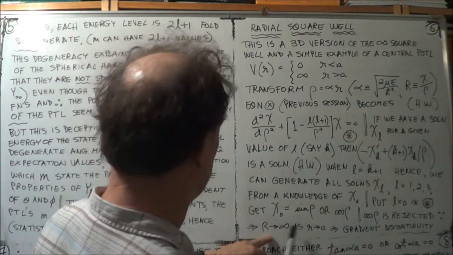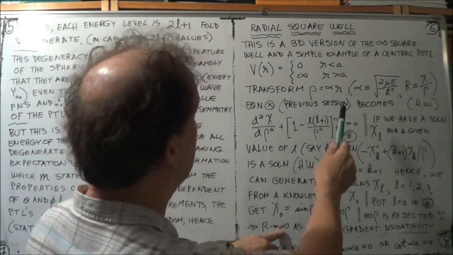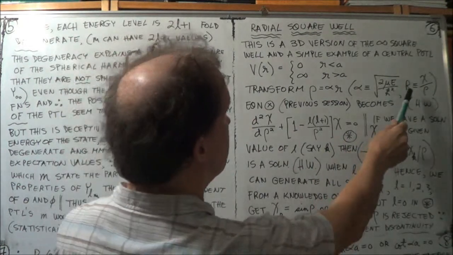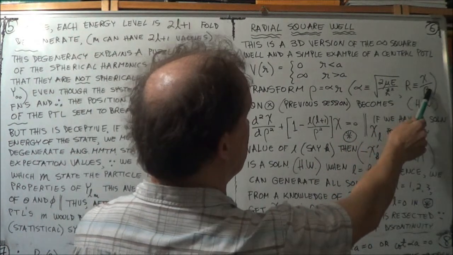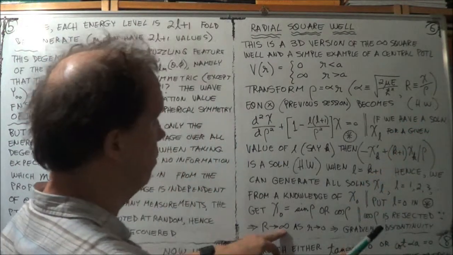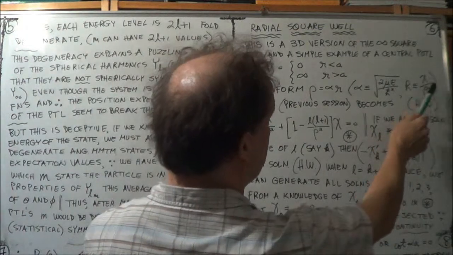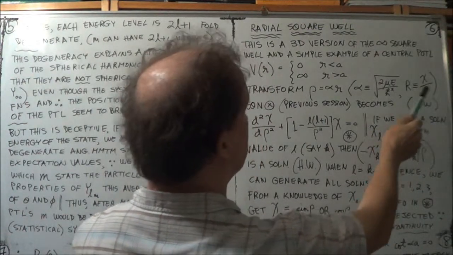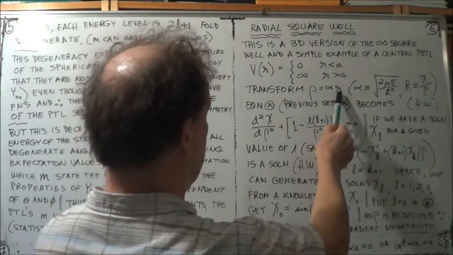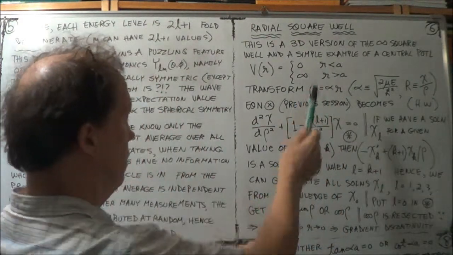As R goes to infinity, your rho could go to 0. So R goes to infinity, so rho could be 0, right? And R equals 0 is inside your sphere.